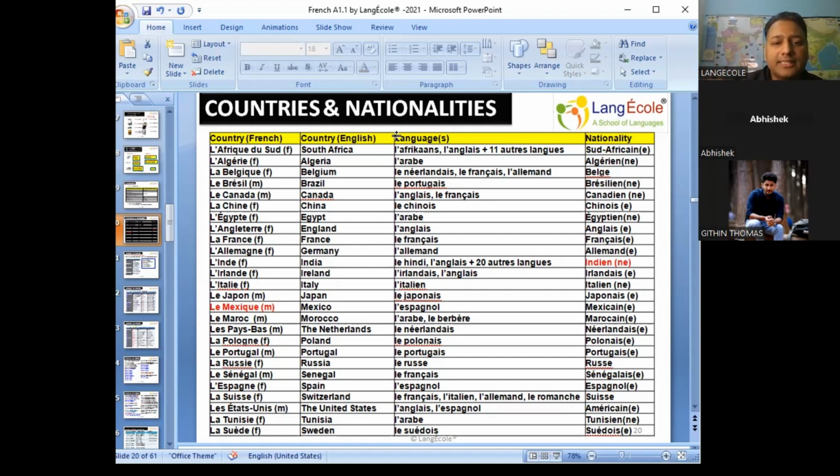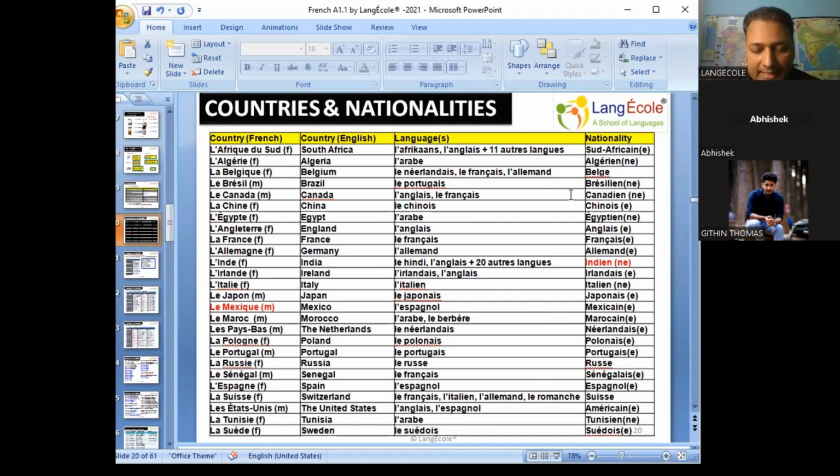Then I have listed down the languages here, which languages are spoken in these countries in French, and then nationality. So nationality is what exactly? Languages are again nouns, but nationalities are not nouns. What exactly is it grammatically? Nationalities are identities.